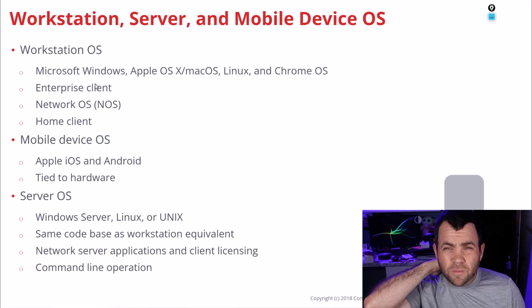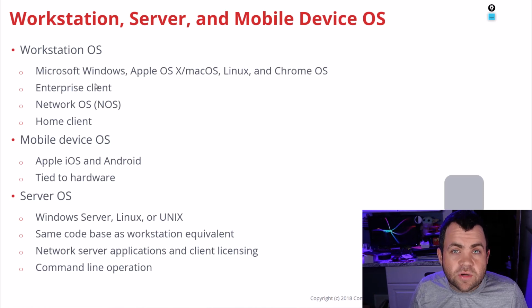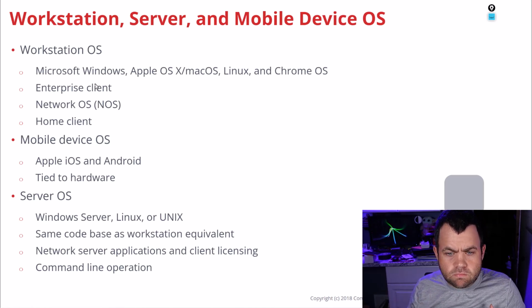And then finally, the home client is probably what you have in front of you. If you have a computer in front of you, you can install whatever software you want, you can install updates, you're your own administrator. You do all that on your own. It's not going up to a puppet master, if you will, okay?